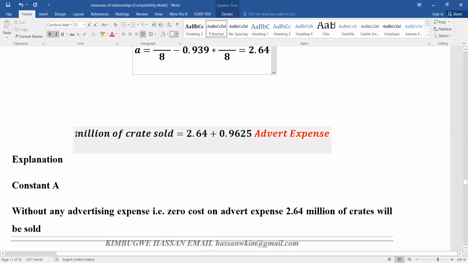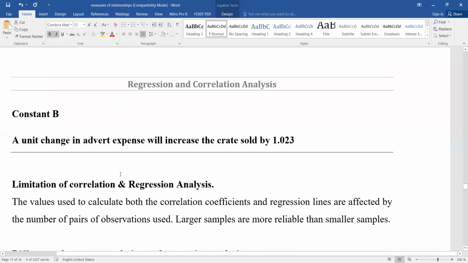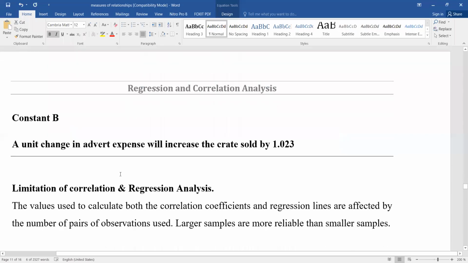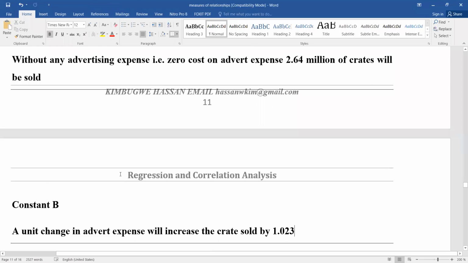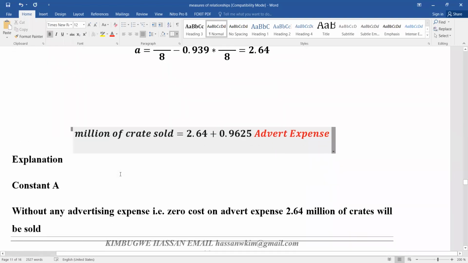Now, if you need to predict, Elliot, they tell you to predict where you have advertising expenditure, you just put that value. For example, the unit change in this, this answer is wrong, will be 0.939.